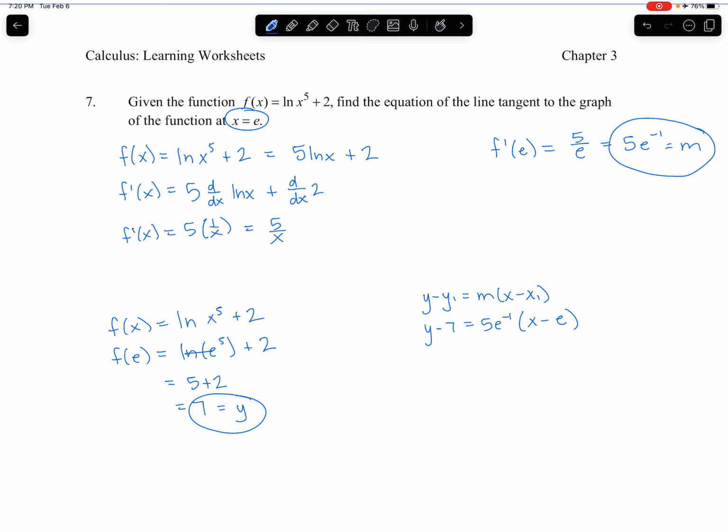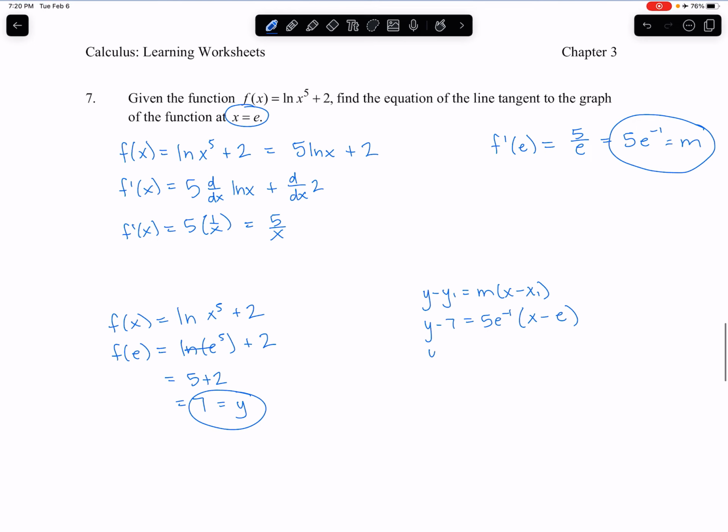And we'll have y minus 7 equals 5x e to the negative 1 minus, this one is like e to the 1, so e to the 1 and e to the negative 1 will just leave us with 5.